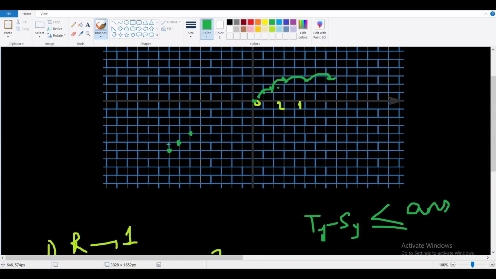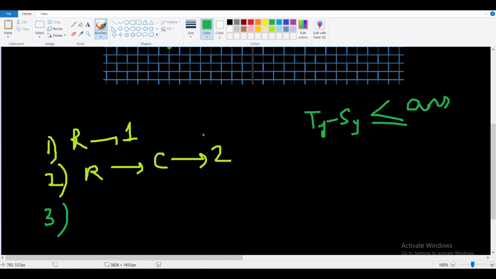So you can see that when the row number is increasing by 1 in the diagonal jump, the column number is increasing by 1. So let's say these are the number of jumps that will be required to get from the source row to the destination row.